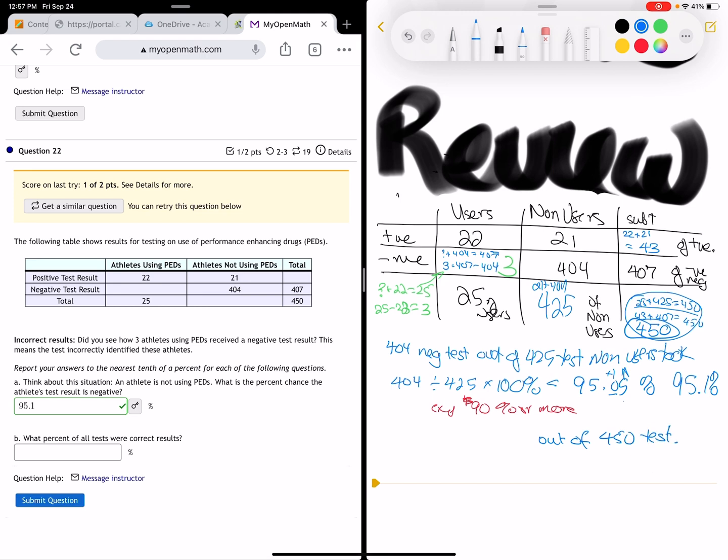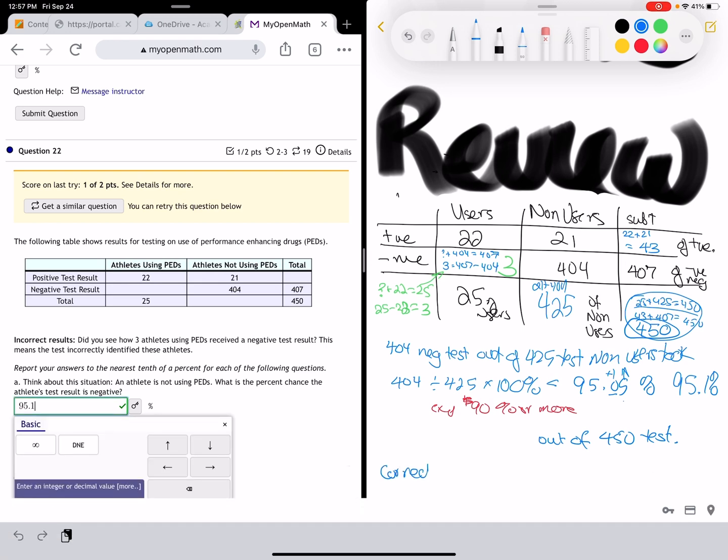But now correct results. Correct results are twofold. It's users and positive, and non-users and negative. So we need two sets of numbers.